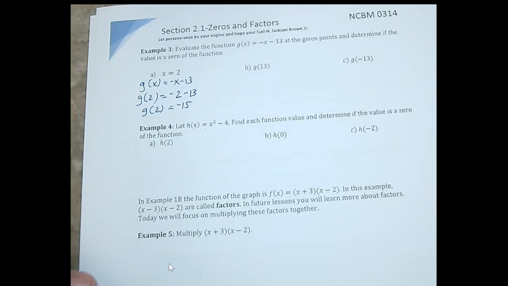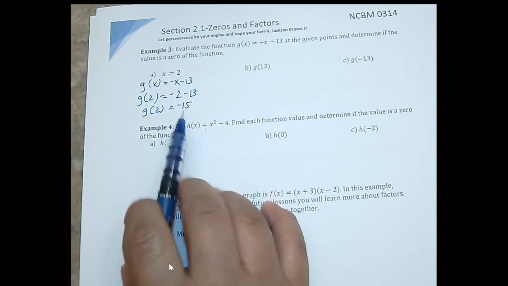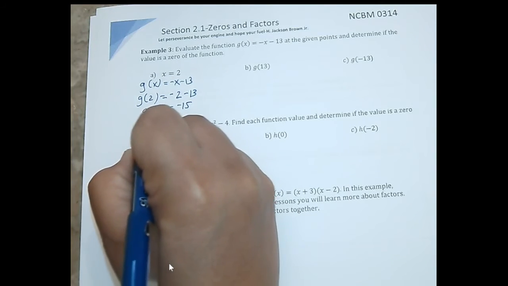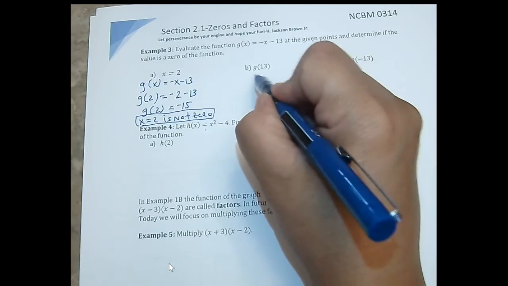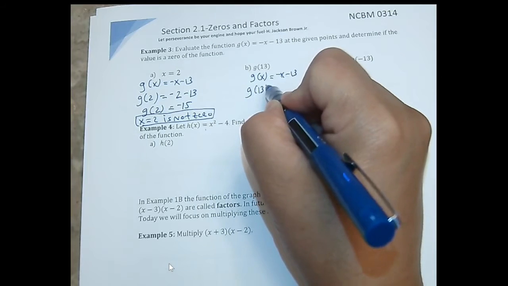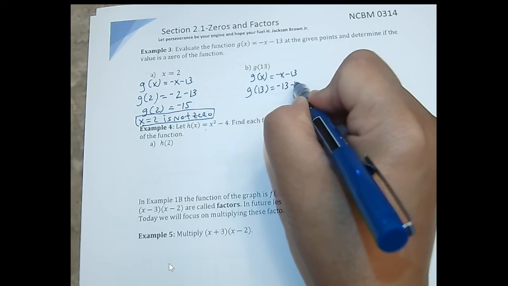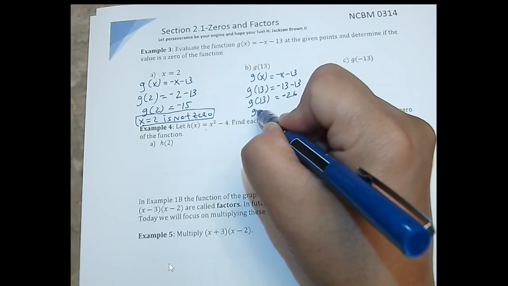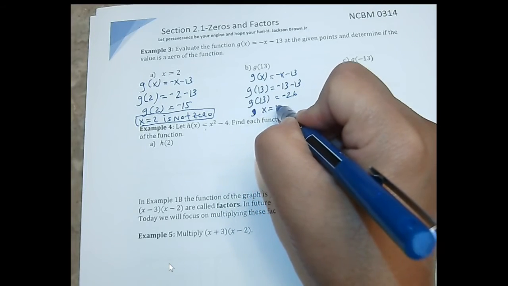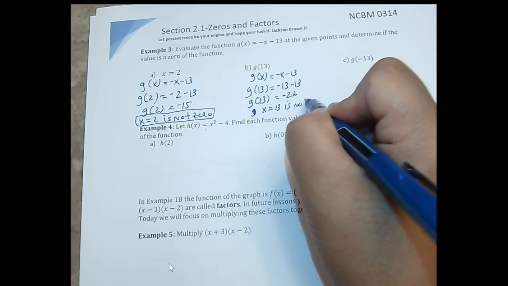Since we did not get a 0 when we evaluated it, we say that x equals 2 is not a zero. Let's try g of 13. If I substitute 13, I get negative 13 minus 13. That's going to give me negative 26. So x equals 13 is not a zero.